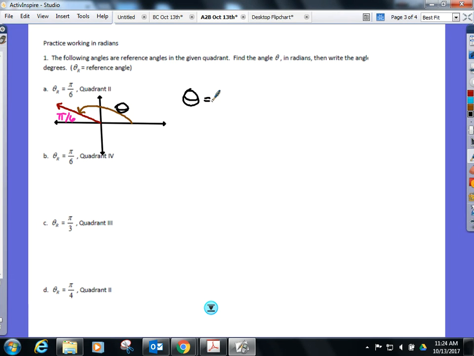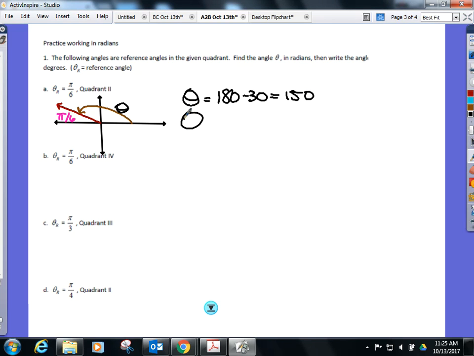The reference angle was 30, meaning the rest of the angle should have been, and how are you going to find it? 150. How'd you get it? 180 minus the reference angle, which was how many degrees? 30. Yep. So that is a 150-degree angle. Nice job.